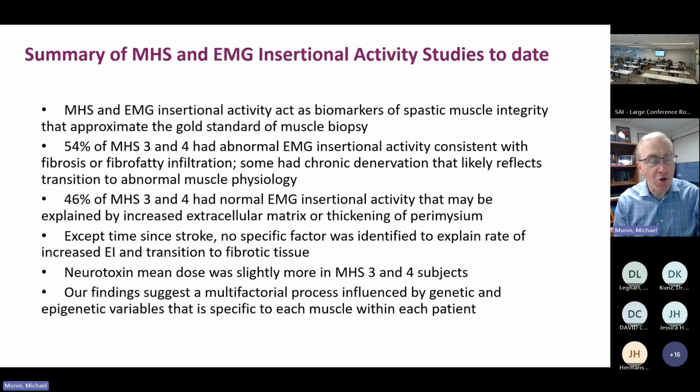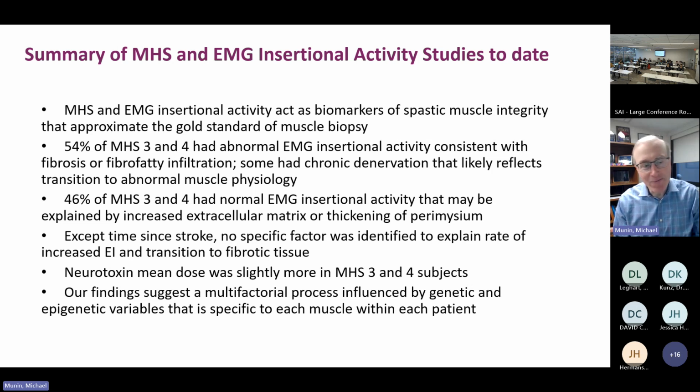Except for time since stroke, no specific factor was identified to explain the rate of increased echo intensity and transition to fibrotic tissue. I didn't show you this data; I'm just summarizing it for you. We did look at the neurotoxin mean dose. It was slightly higher in the MHS 3 and 4 versus 1 and 2, about 10 units higher per muscle. We're not quite sure if that makes a huge difference, though.